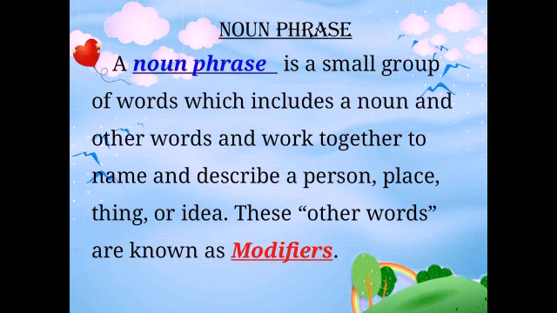That noun may be a person, a place, an animal, thing, or idea. The other words, that is the modifiers, they help you to describe that noun in the phrase. Clear? It's as simple as that. Okay.